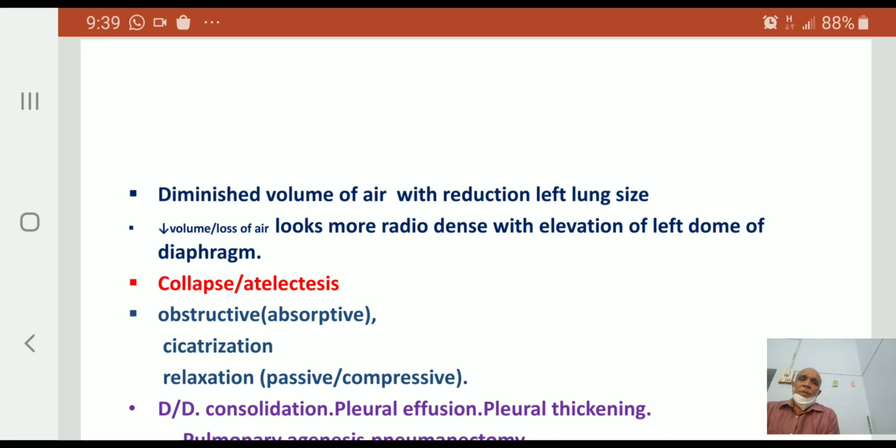Sometimes removal of the entire lung, called post-pneumectomy, gives the same radio dense picture, and pulmonary agenesis also gives the same picture. So the differential diagnoses of this radio dense opacity are: airspace consolidation, pleural effusion, pleural thickening, pulmonary agenesis, and post-pneumectomy.